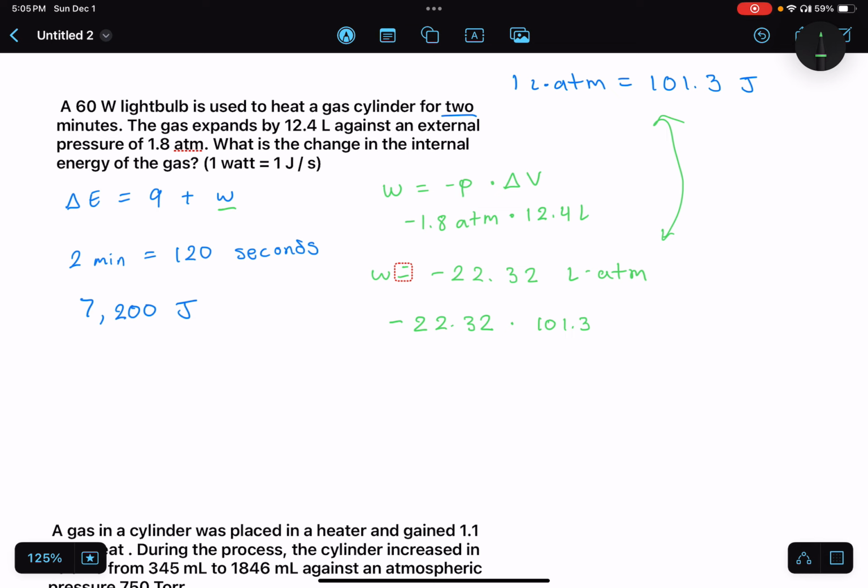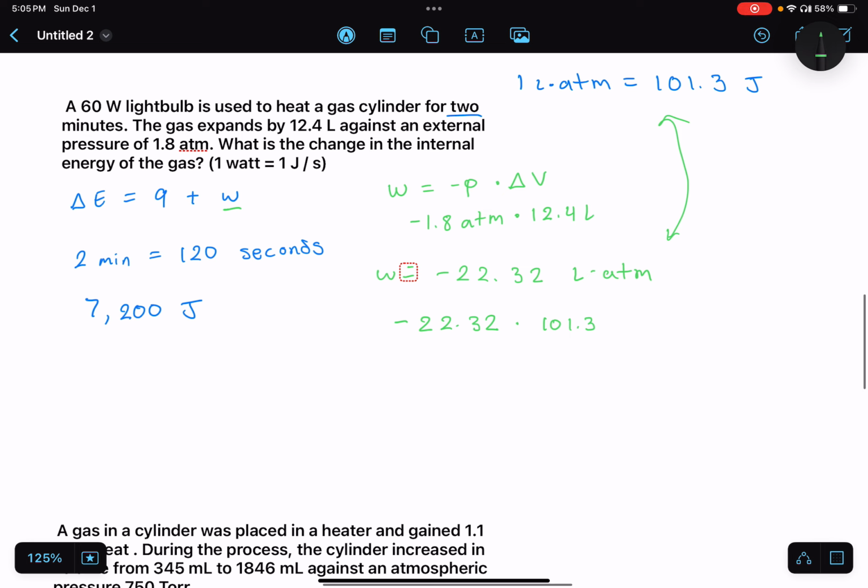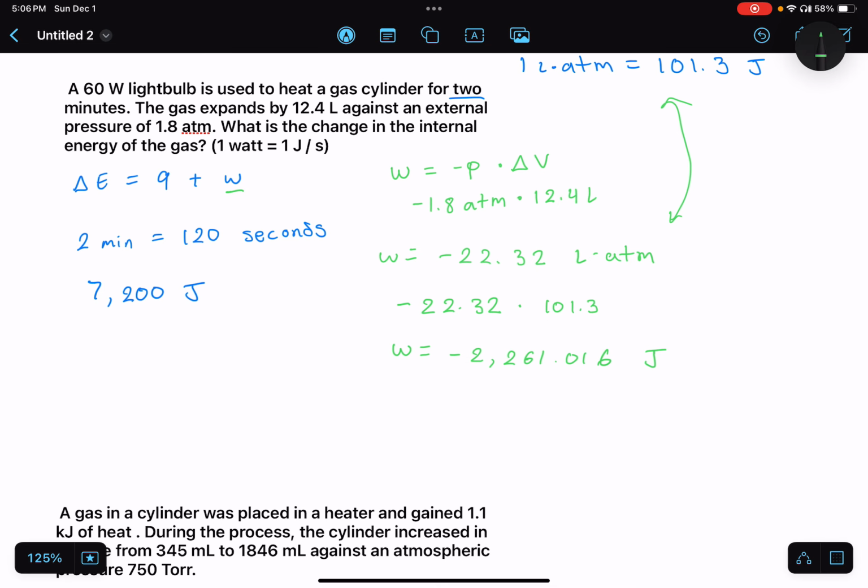That gives me negative 2,261.016 joules.